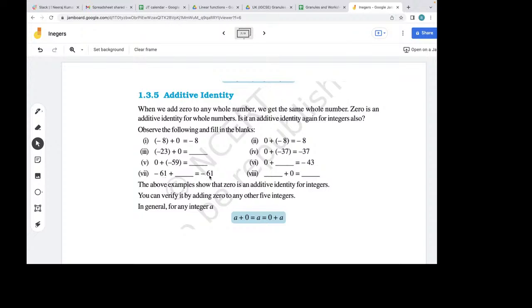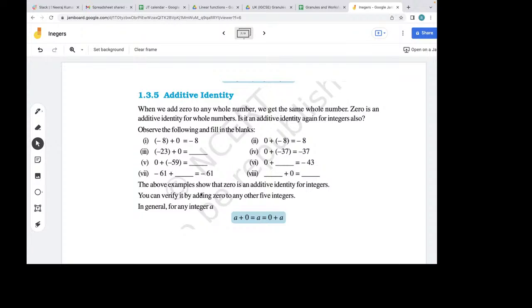So this time we fill it with 0, because 0 is that number that you add to any integer, you get the same integer back. So it clearly shows that 0 is the additive identity for integers also.